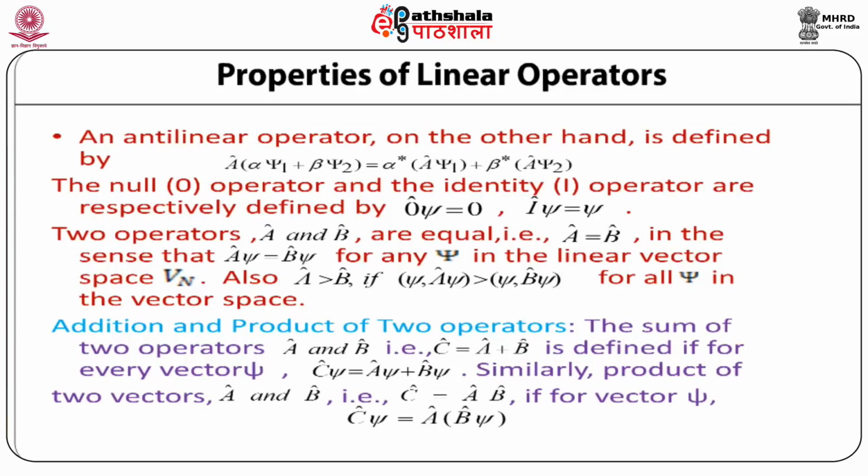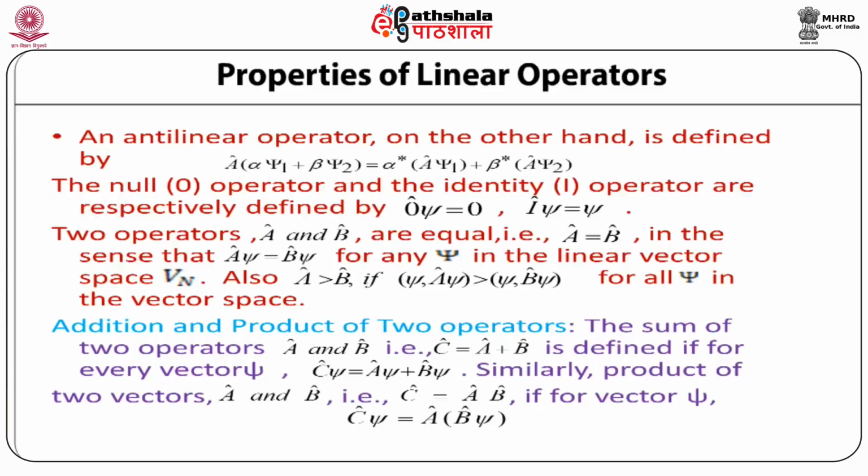An antilinear operator, on the other hand, is defined by operator A acting on, within brackets, alpha psi 1 plus beta psi 2 is equal to alpha star within brackets operator A acting on psi 1 plus beta star within brackets operator A acting on psi 2.